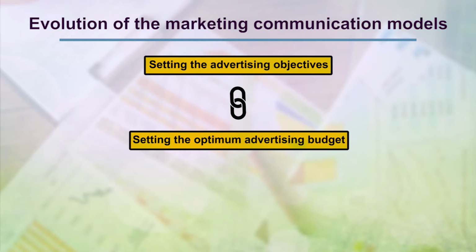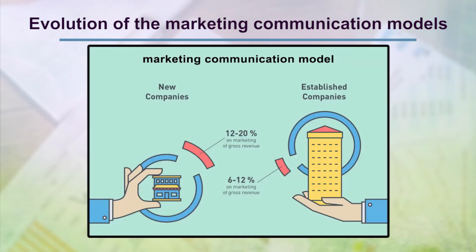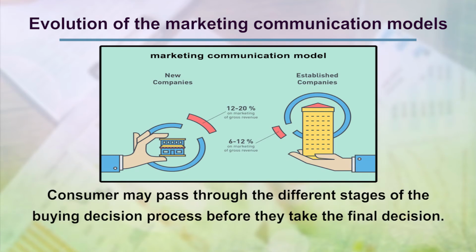Understanding the response process that consumers may go through before making a purchase decision, as a result of exposure to different stimuli in the form of advertisement, helps a company to develop an effective, optimum marketing communication model. A number of models have been developed till now to explain how a consumer may pass through the different stages of the buying decision process before they take the final decision.